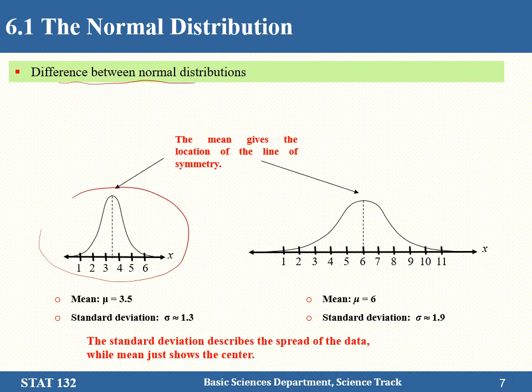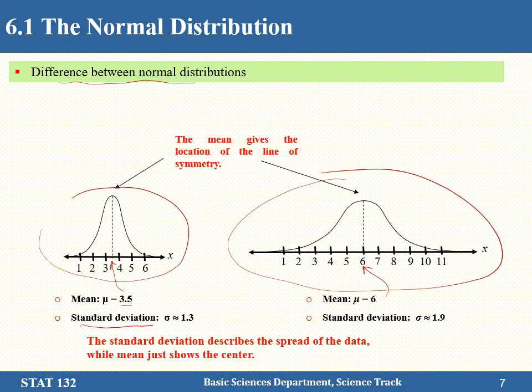These are both normal distributions, but one of them is centered at 3.5, which is the mean, and the other one is centered at 6. Their standard deviations are about 1.3 and 1.9. So what's the difference between them? It's the thickness, or maybe better, the spread of the data. On the right graph, the spread is definitely bigger.